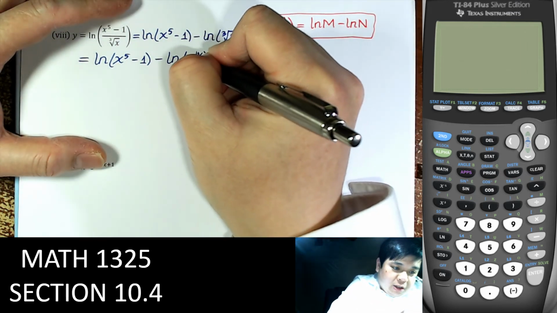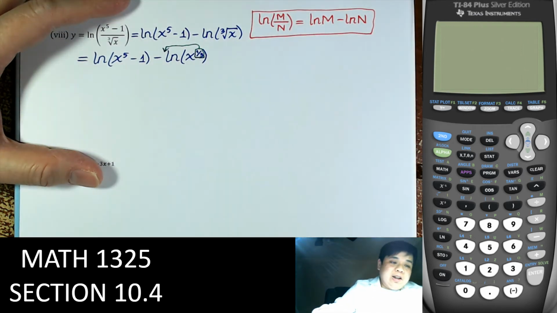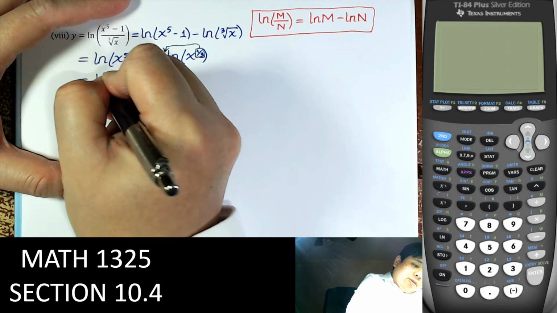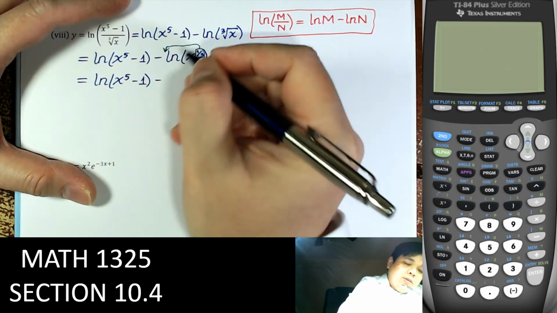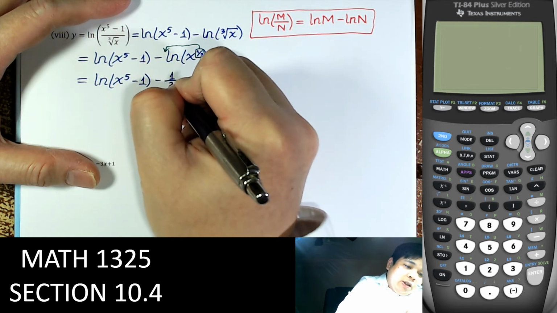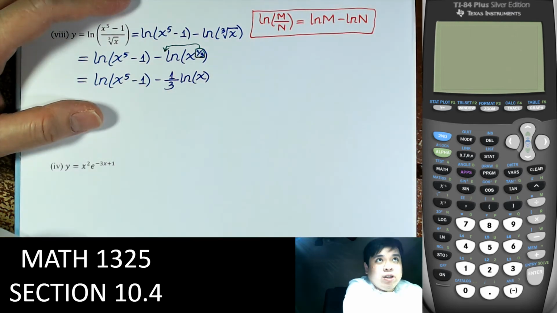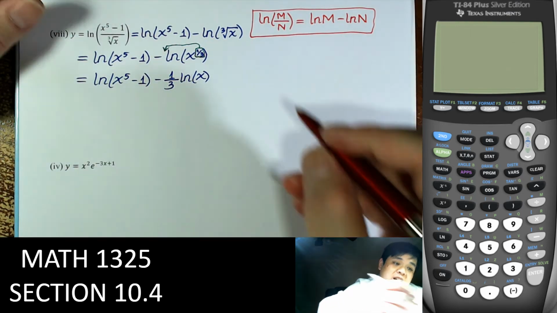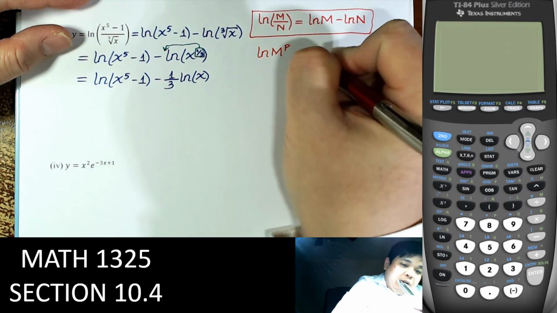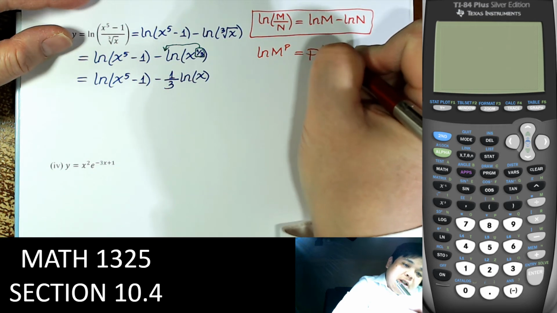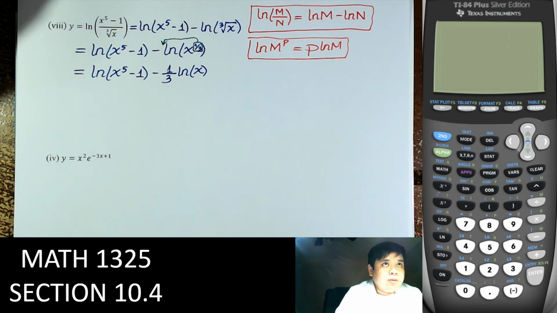We take the 1/3 outside: one-third ln of x. By the way, these are the properties that we use: take the exponent outside.